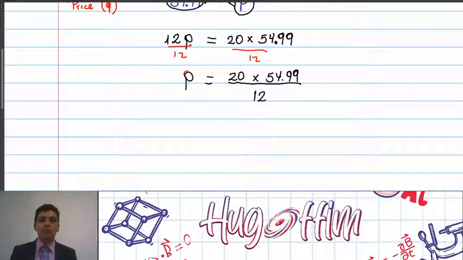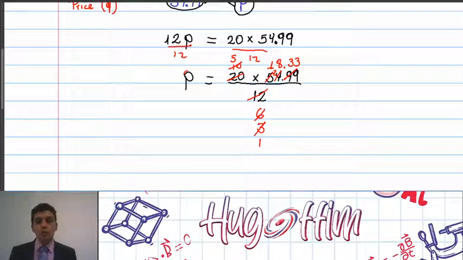I'm going to simplify. 12 divided by 2 is 6. 20 divided by 2 is 10. 6 divided by 2 is 3. 10 divided by 2 is 5. And this could be divided by 3. 54 divided by 3 is 18, and 99 divided by 3 is 33. So I got 5 times 18.33.